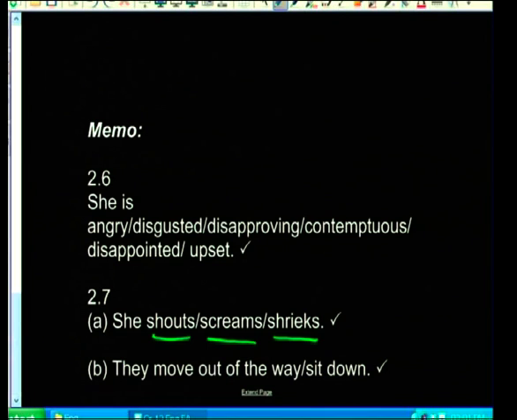And the men's reaction is very different. All they do is move out of the way or sit down. It shows that they were very neutral here. They didn't take any sides. All they did was to step backwards and allow the man to continue his interrogation or his aggressive attitude towards the women. But the women in the story reacted very angrily, as you can see.